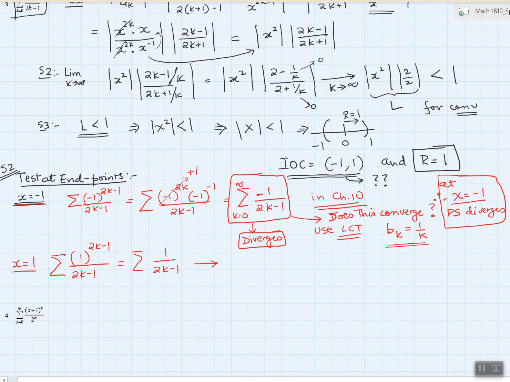But again, this is very similar to this except for a negative sign. Now this one, again, simply by the limit comparison test, we will see that this diverges. Therefore x equals 1 is also bad.